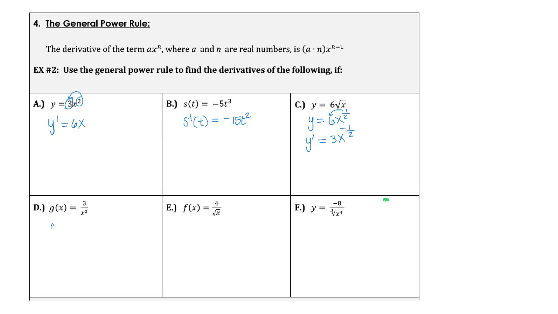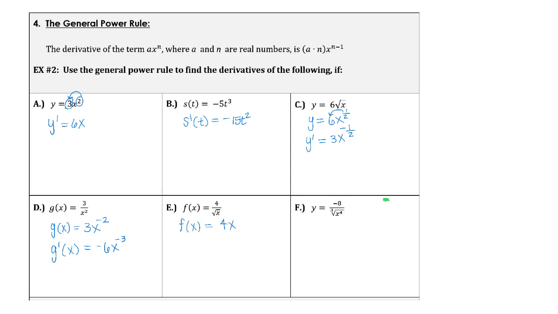Okay, so we need to rewrite part D to be 3x to the negative 2. And so g prime, hopefully we got negative 6x to the negative 3. Did y'all get that? Awesome. So for our next one, again, we have to rewrite f of x.